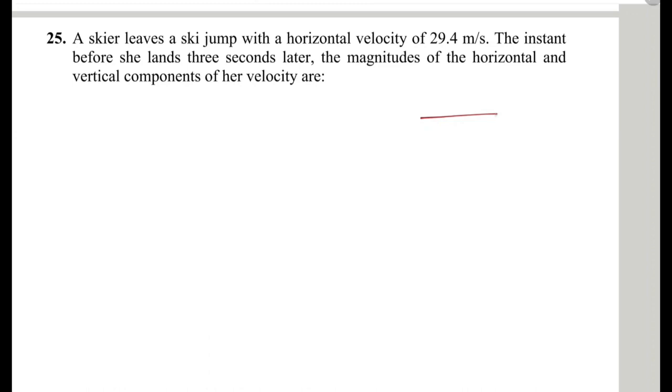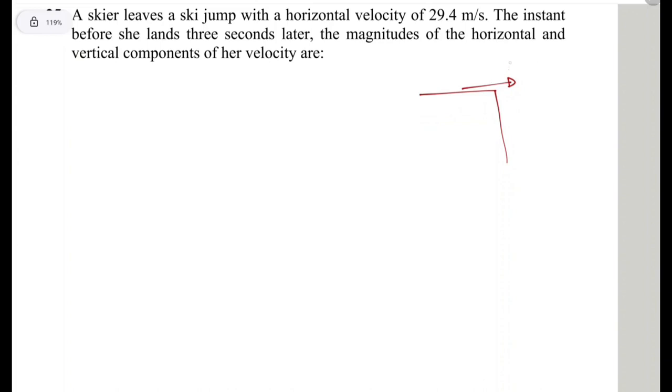This is the ramp here, and the skier leaves the track horizontally with velocity 29.4, and after 3 seconds the skier will be somewhere here in position X and Y.